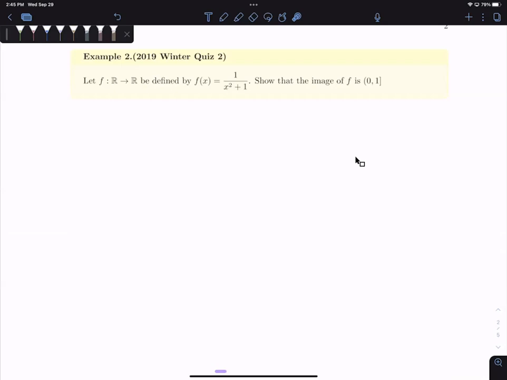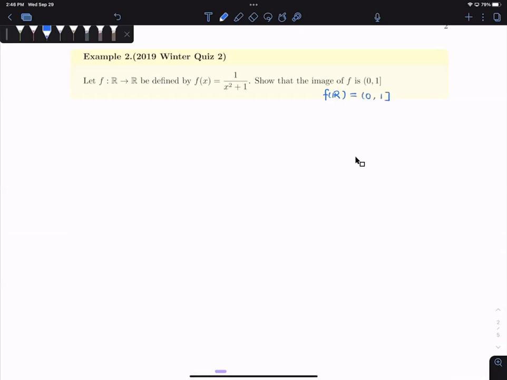Okay, continue with this. This question is asking to show the image of f is (0, 1]. What are they asking to show? It's basically asking to show f of R equals (0, 1], because f of the domain is the image of the function. So it's asking to show they are equal.